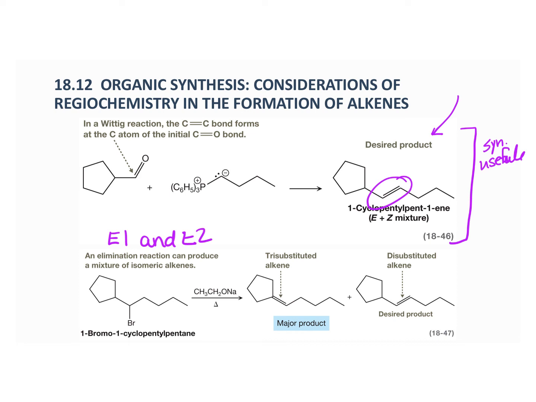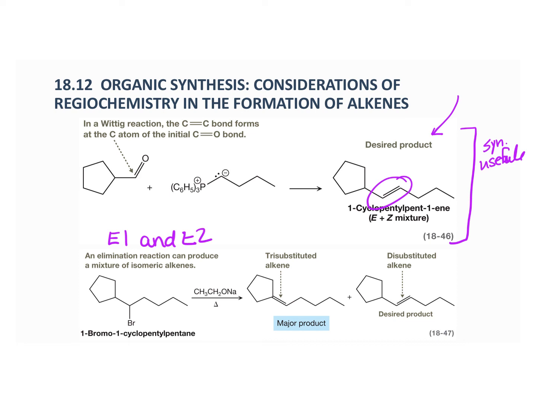And so most often, if you have a choice, a Wittig reaction is a better reaction to use. It's not always, but I would say 90% of the time it is. A lot of being an organic chemist is viewing things like a puzzle. You have to figure out how you want to put it together, and you have to be savvy about what your percent yields are.